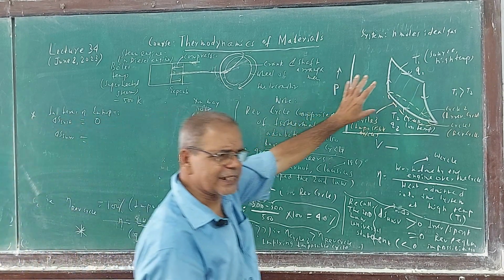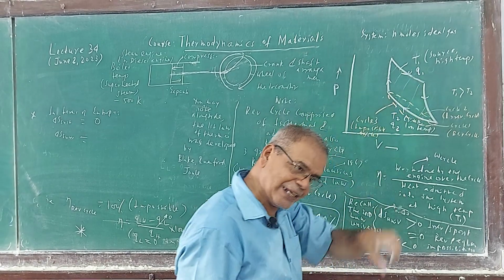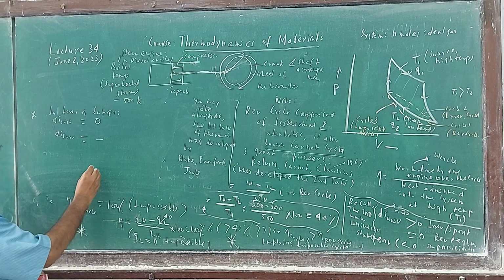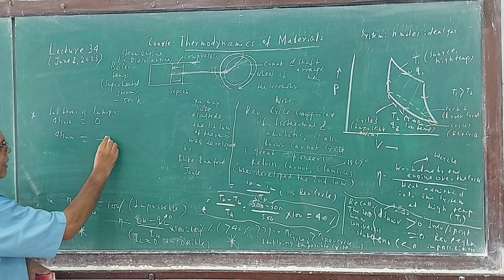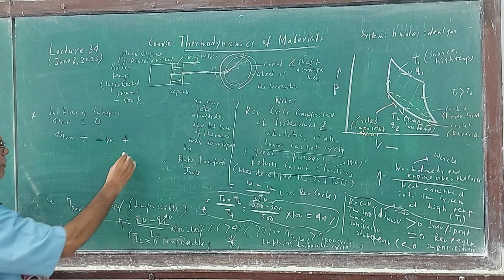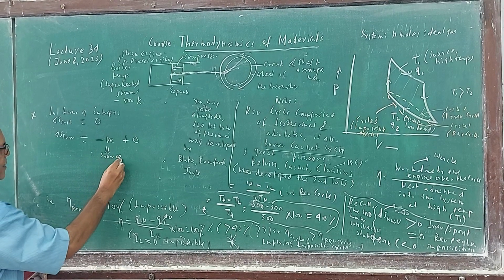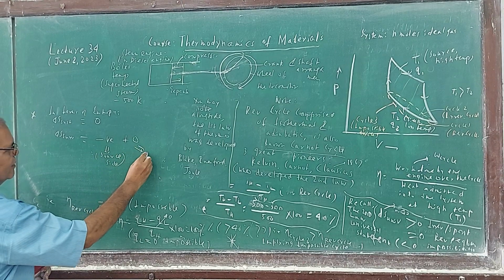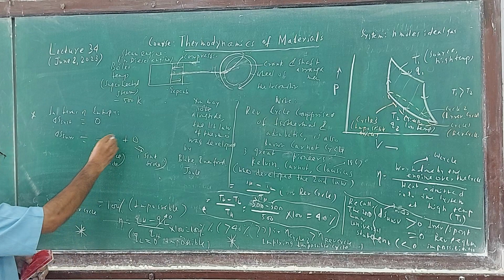It takes heat, so the surrounding's entropy change for that part is negative. The right-hand side, the sink side, has no heat rejected, so it is 0.